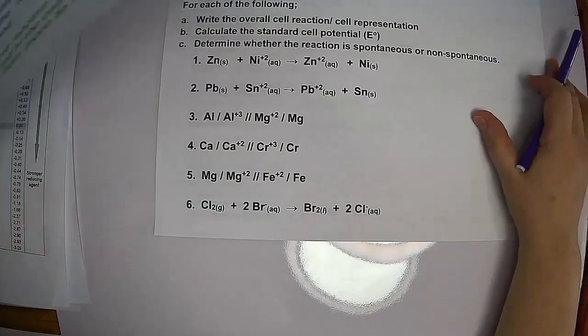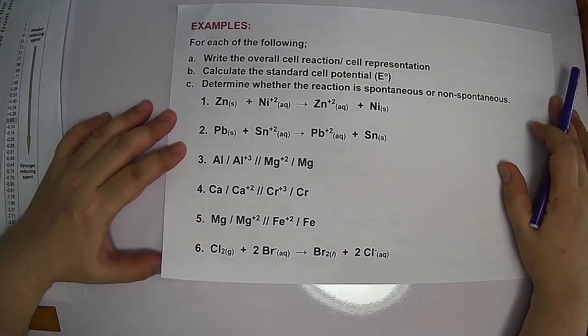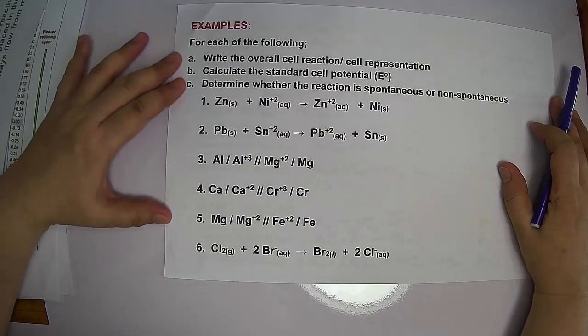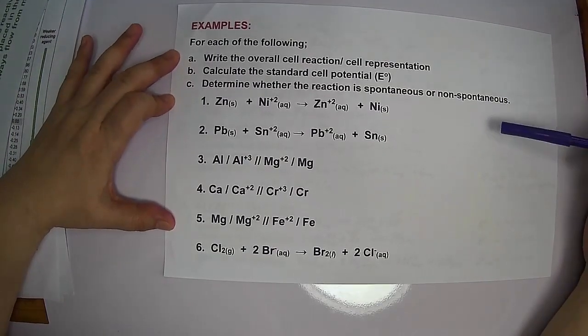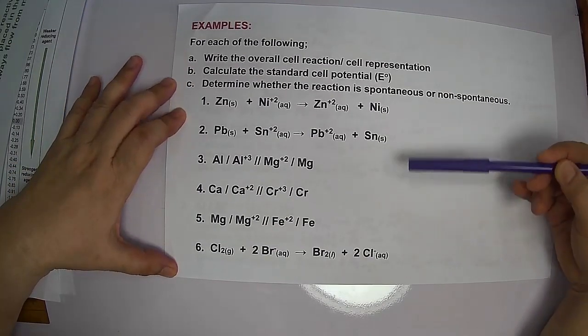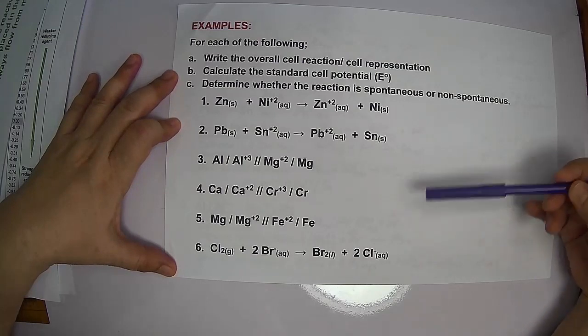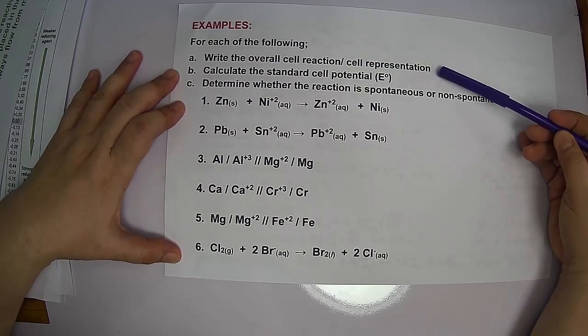Now, let us have the following example where we can compute the standard electrode potential. Here, we have 6 electrochemical reactions. We're asked to write the overall cell reaction and the cell representation.